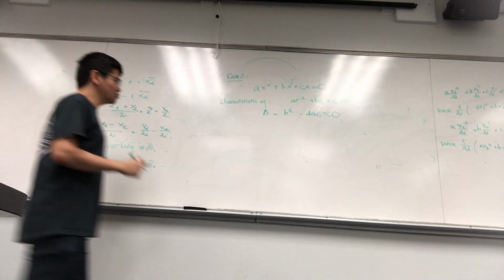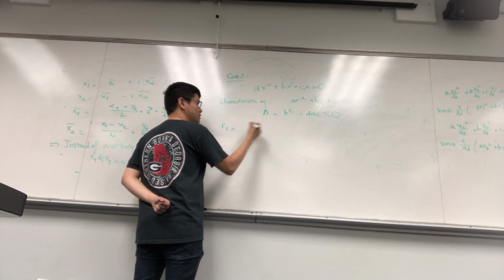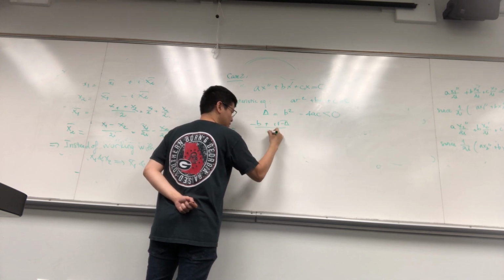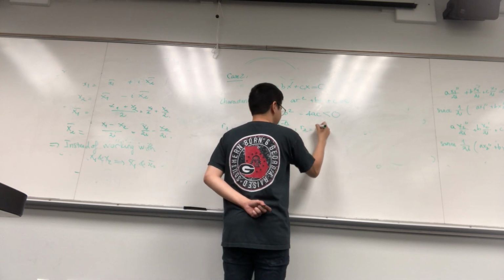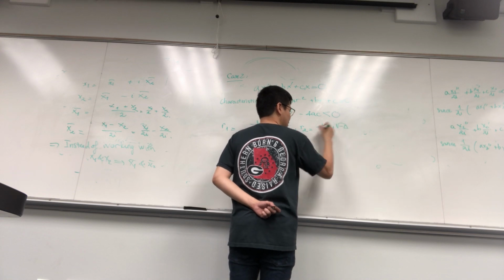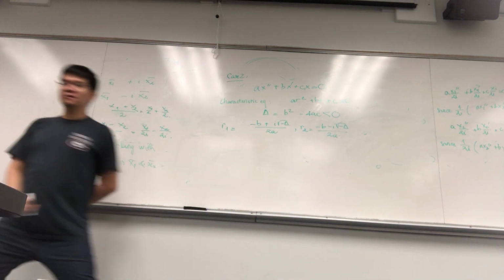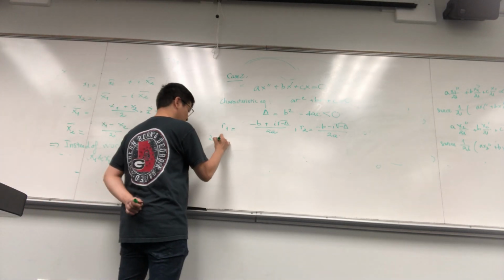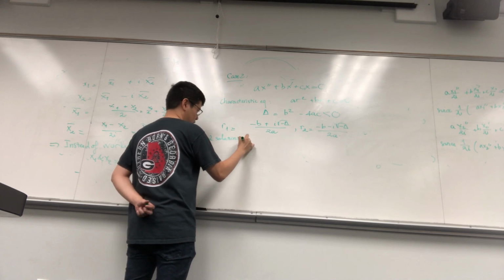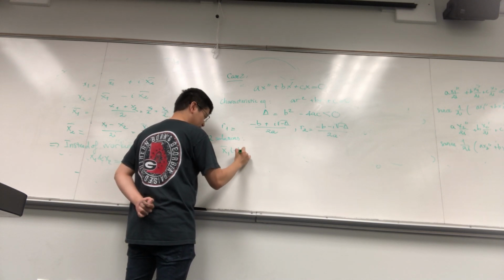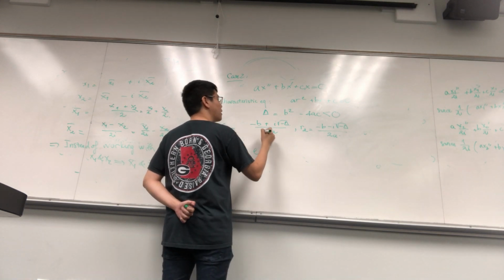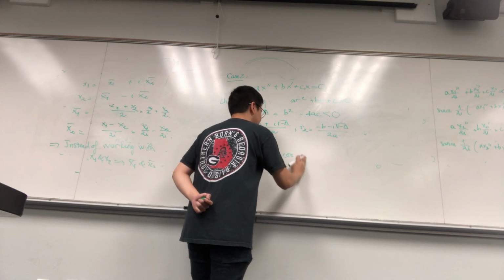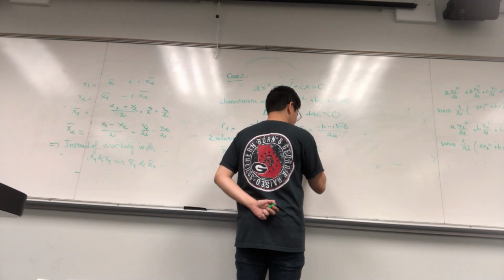In this case, you have two solutions. So R1 will be minus b plus i, the square root of minus delta over 2a. And R2 will be minus b minus i, square root of minus delta over 2a. Right? Then we have two solutions. So x1 bar of t is going to be e to the power minus b over 2a t cosine of square root of minus delta over 2a t.